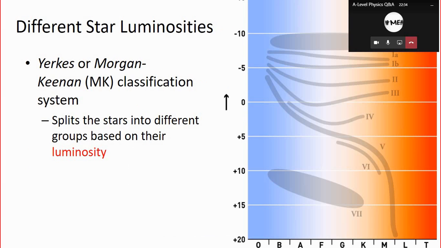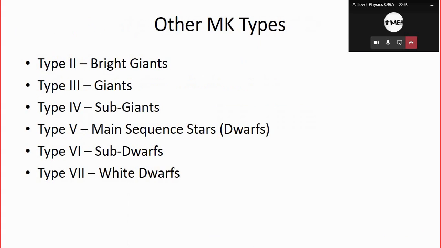So that's that V, that curvy band in between. Again, don't worry too much about the diagram. We'll come back to it later. So this is how we split up stars and classify them based on how bright they are. The MK system. Dwarfs, main sequence, giants of various sorts.